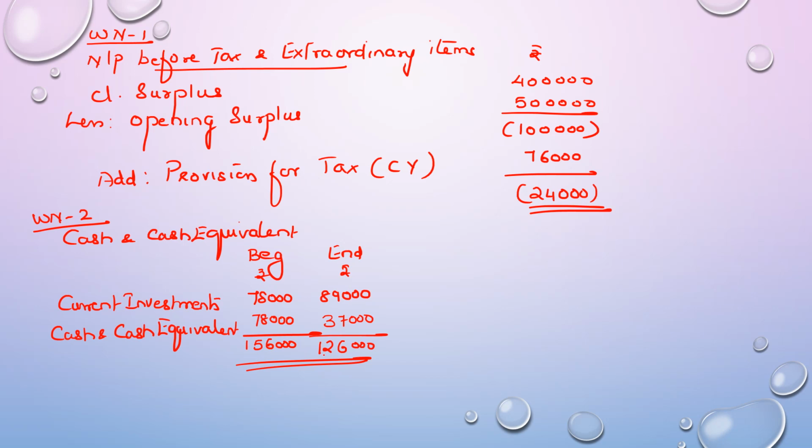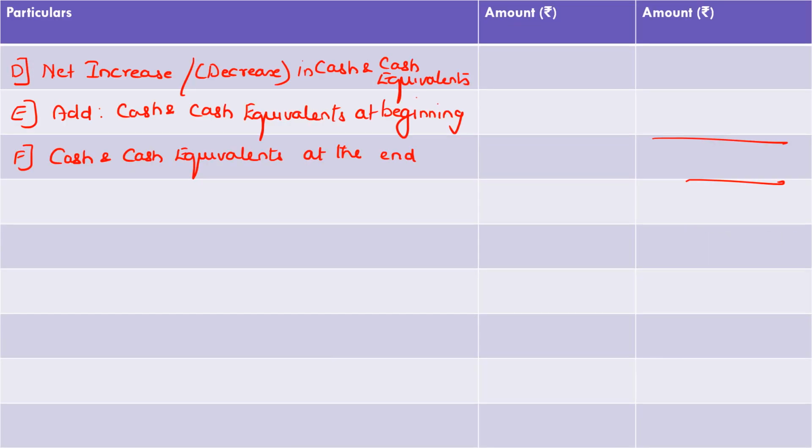So where will we take this? We will take it here. Cash and cash equivalent, the beginning was 1,56,000 and the end was 1,26,000, which means there was a decrease of 30,000 in cash and cash equivalent. Only then you would get this figure, the difference between these two.